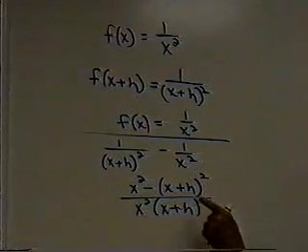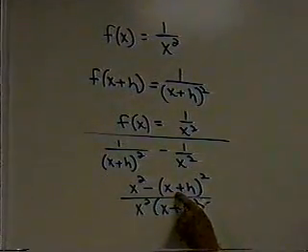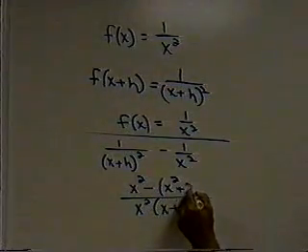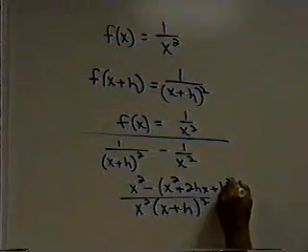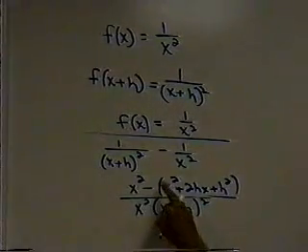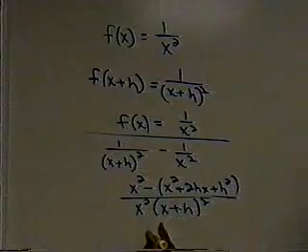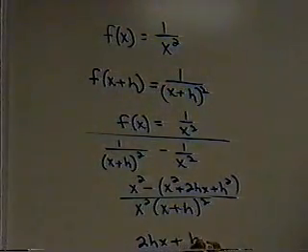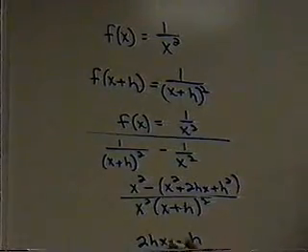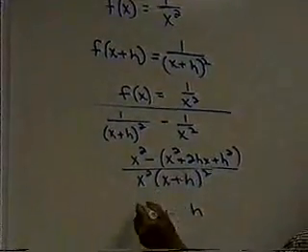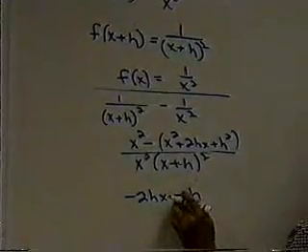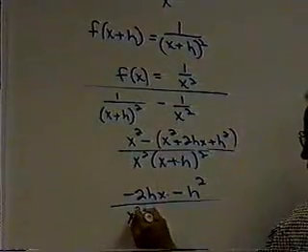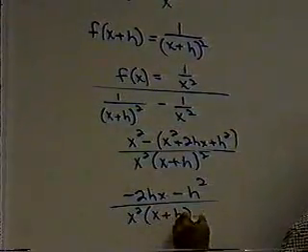Okay, well, let's see. This squared, let's just rewrite that, is x squared plus 2hx plus h squared. And then when we remove the parentheses, the x squares drop out, and so we have on top 2hx plus minus times this is a minus, minus h squared, all divided by x squared times x plus h squared.